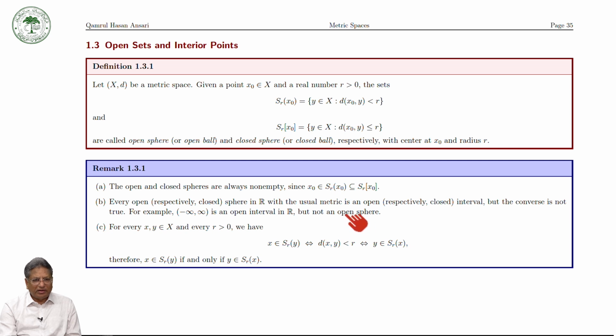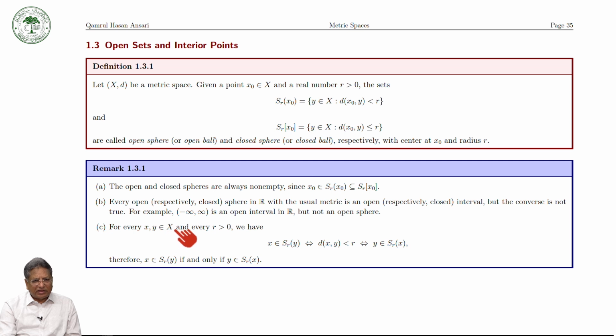So keep in mind, every open sphere in R with the usual metric is an open interval, but the converse is not true. Similarly, every closed sphere in R with the usual metric is a closed interval, but again the converse is not true.